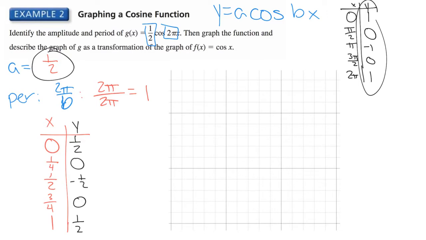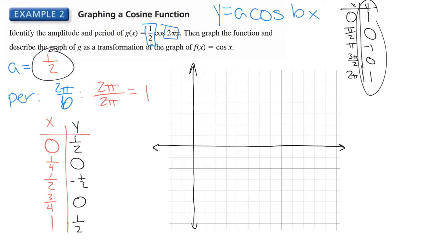I'll do this color. So go ahead, label your axes out. Now instead of going from 0 to 2 pi, we're going to go 0 to 1, which in this case I'm not going to do one box. I'll just take them every 3 and call that a quarter, just so you guys can see the stretch on it.